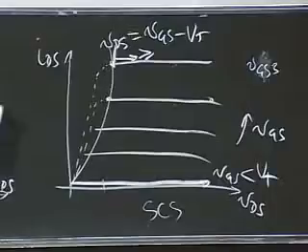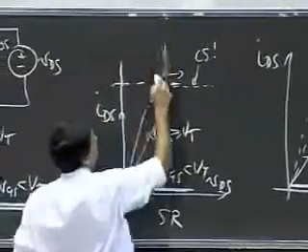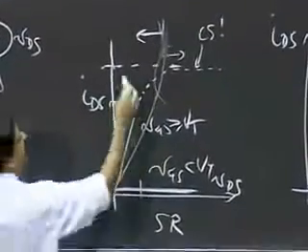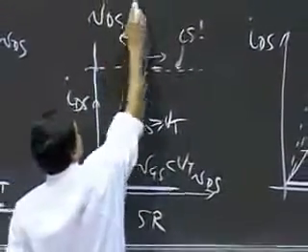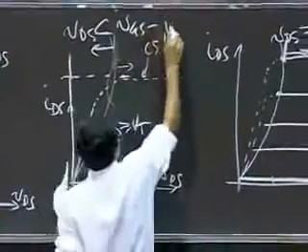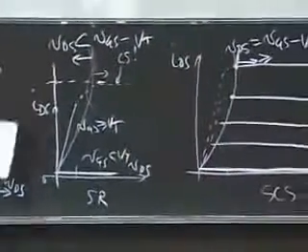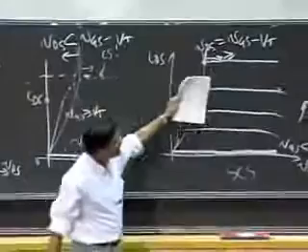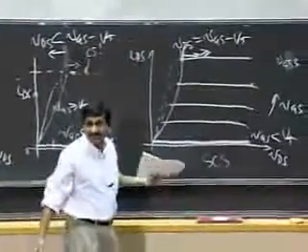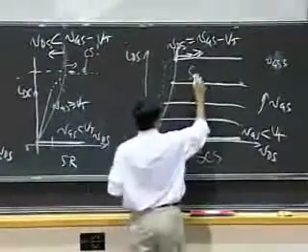Okay, and this is in the region of operation where VDS is greater than VGS minus VT. And this applies in this regime where VDS is less than VGS minus VT. This region of operation is called, as you might expect, the saturation region.